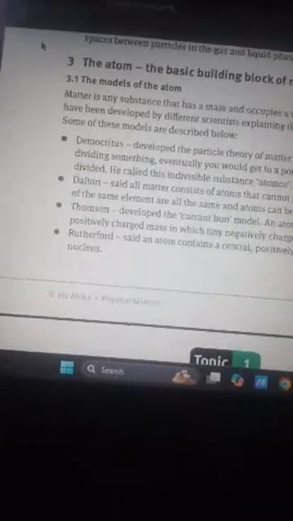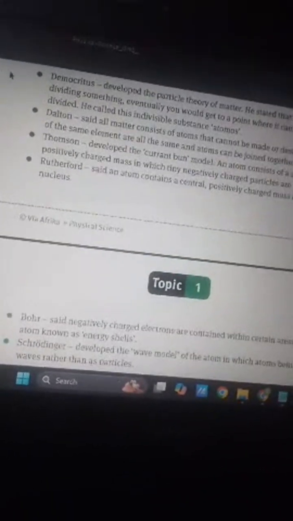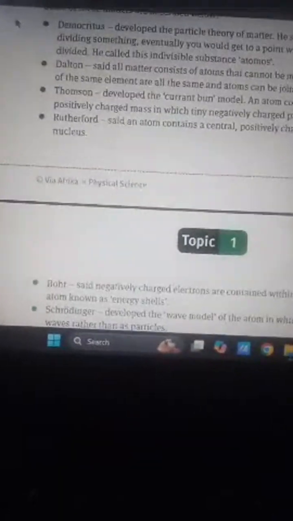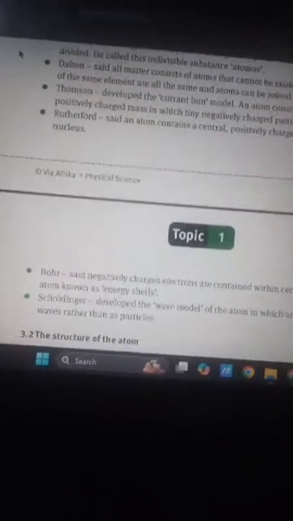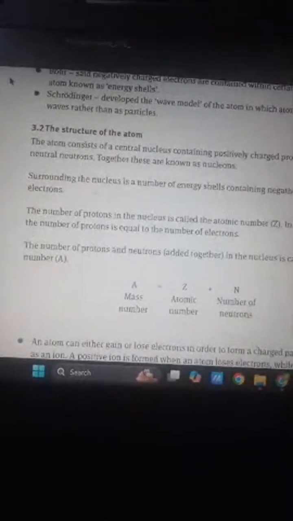A number of models have been developed by different people to describe the structure of atoms. We're going to look at Thomson, who developed the plum pudding model, in which the atom consists of a solid, positively charged mass with tiny negatively charged particles scattered in it.